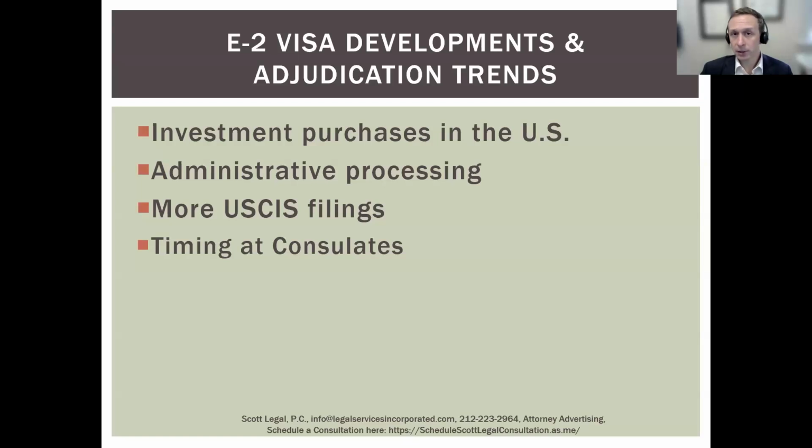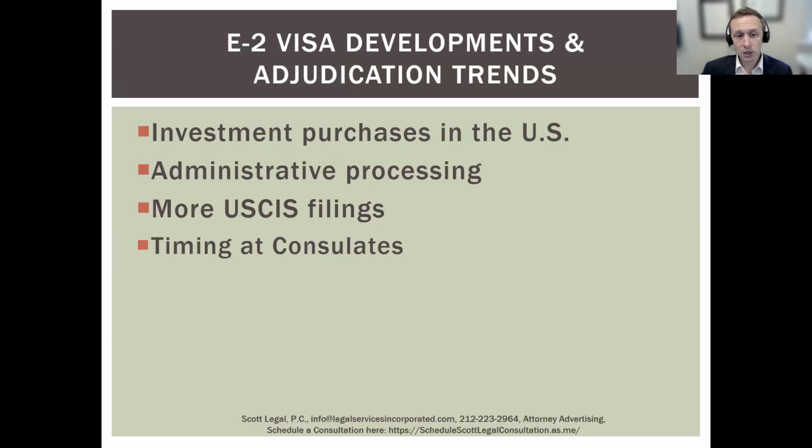So odds are your application will not be placed in administrative processing, but it is something we have seen happen more often than in the past. And when it does happen, it is annoying. Is there anything that can be done about it? The answer is yes, there is.